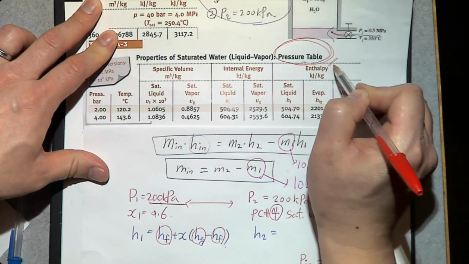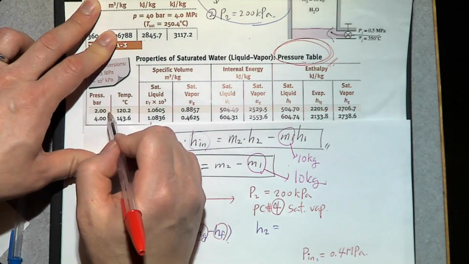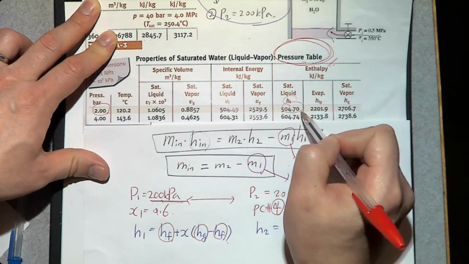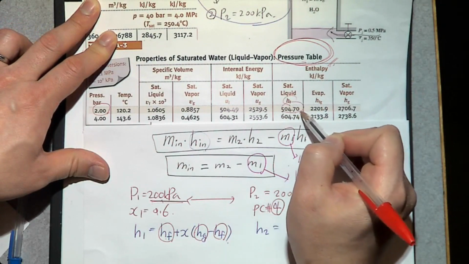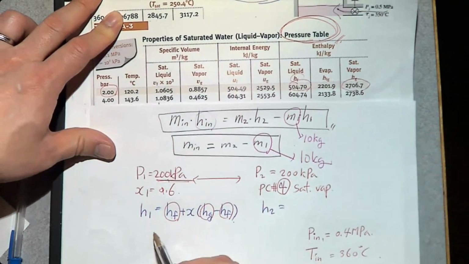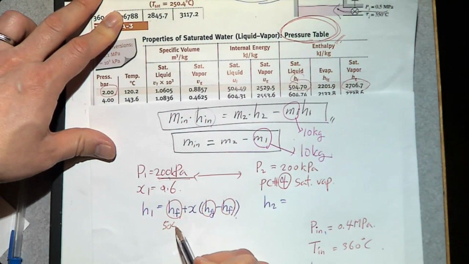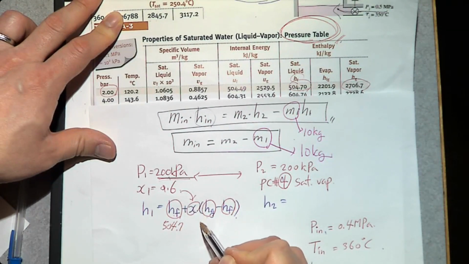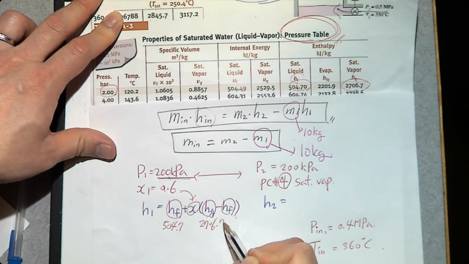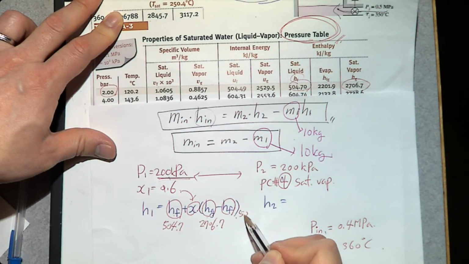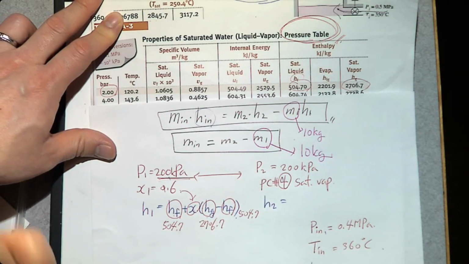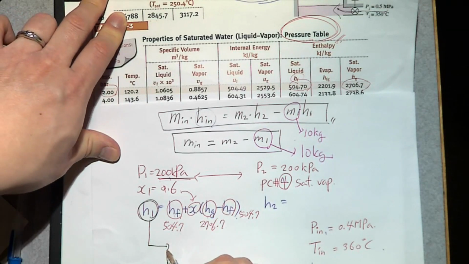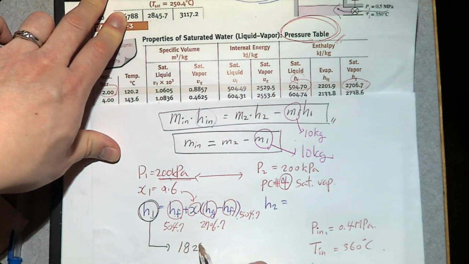It's the pressure table at 200 kilopascal, 2 bar. HF is this number, 504.7. HG is this number, 2706.7. So let me write them here: HF is 504.7, quality X is 0.6, HG is 2706.7, HF is again 504.7. So you can determine H1. If you do the calculation, H1 is 1825.